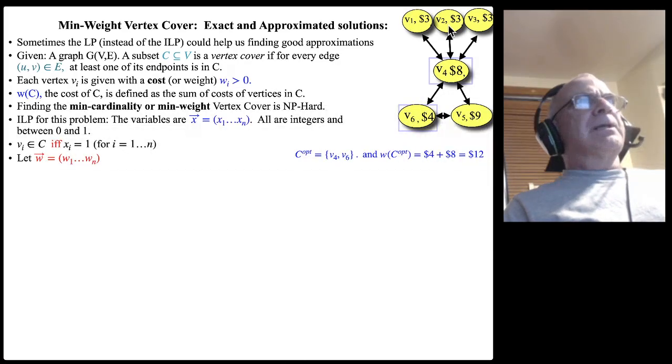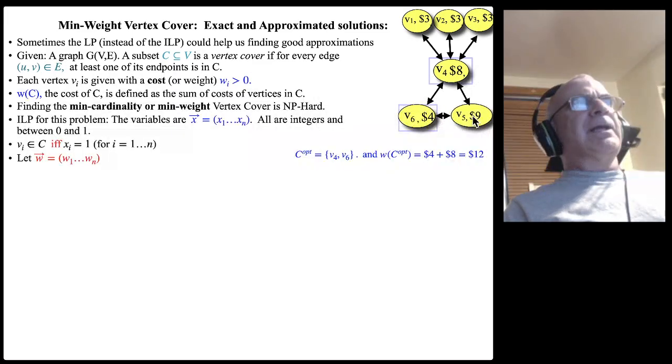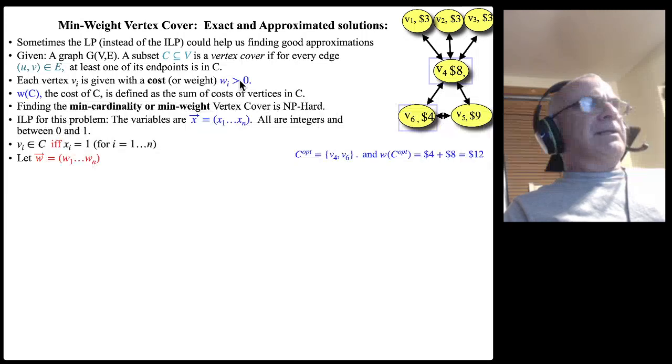For example, I can pick each and every vertex of the graph, and that's definitely a cover. However, in the minimum weighted vertex cover, I'll also assume that every vertex vi is given with some cost or weight wi affiliated with this vertex.